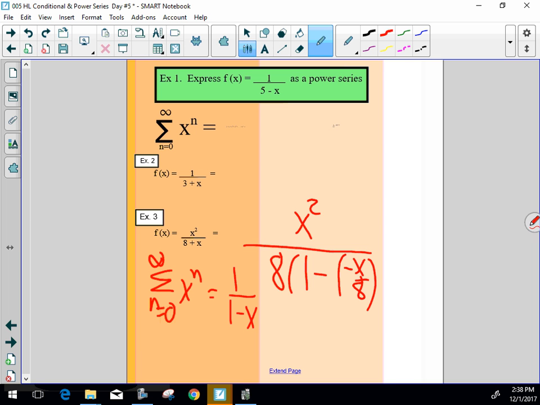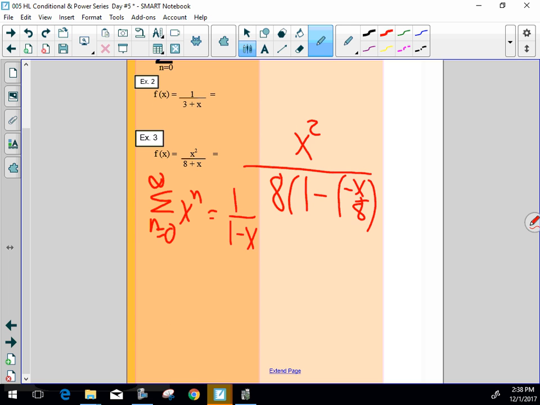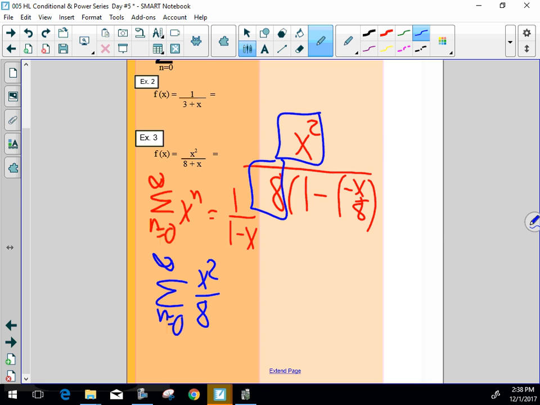So then what I'm going to do to make this series is go the sum, n equals 0 to infinity, of x squared over 8. That's pulled out in front. And then this is going to be replaced with negative x over 8 to the n, because this is x to the n.